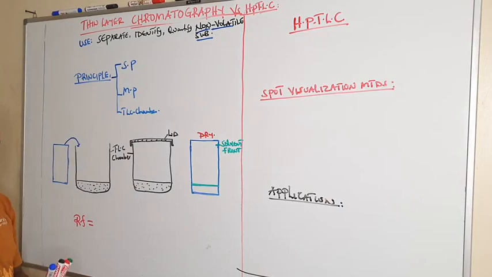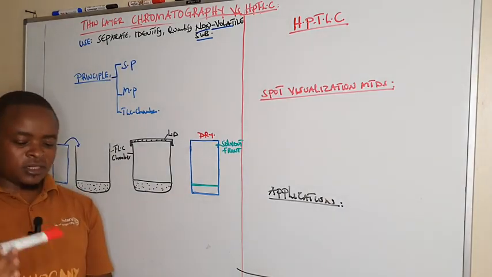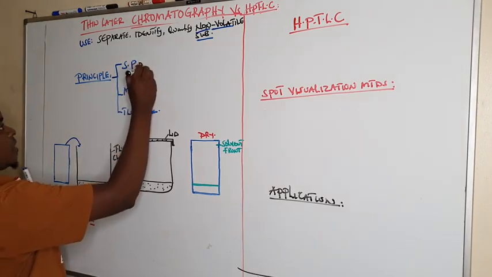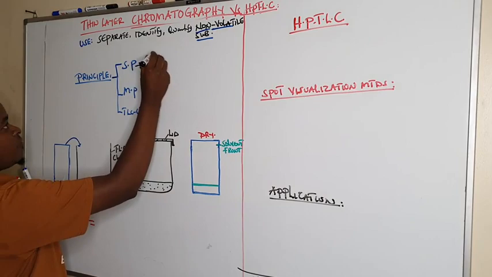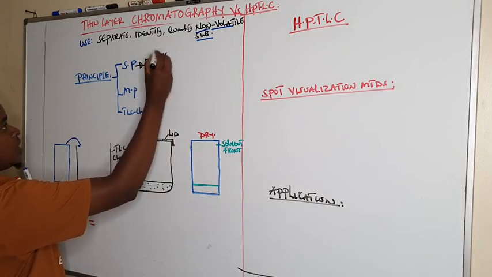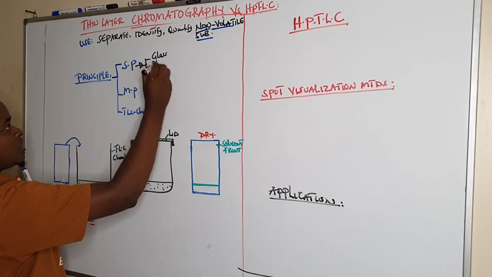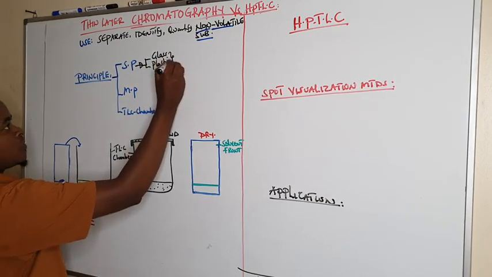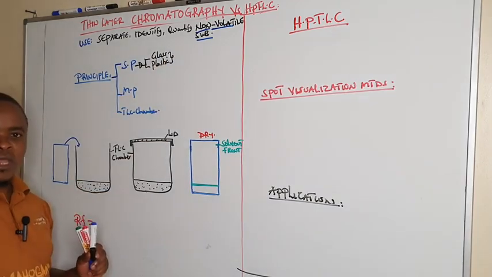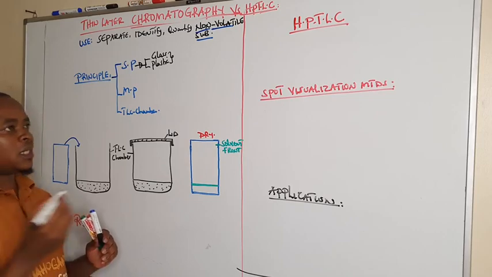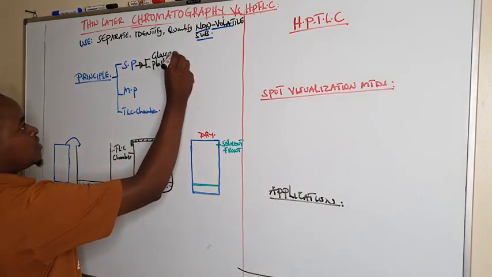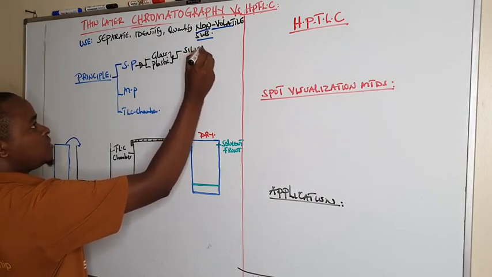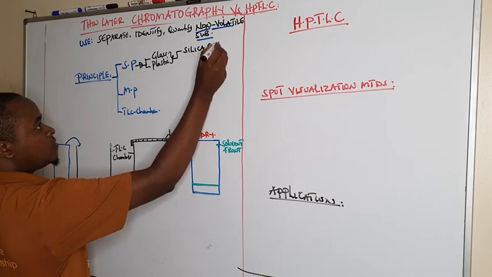And the stationary phase, as its name says, is made up of a thin layer, and this thin layer is either a glass plate or a plastic plate. These are coated with stationary solid substances such as silica, the most commonly used being silica gel.